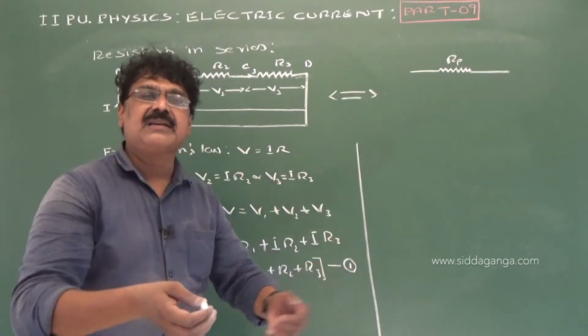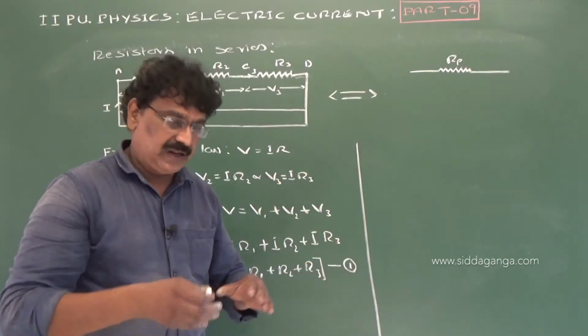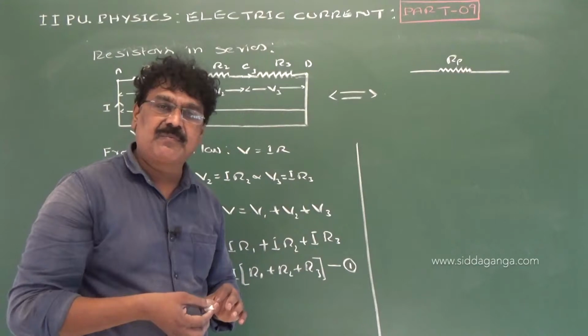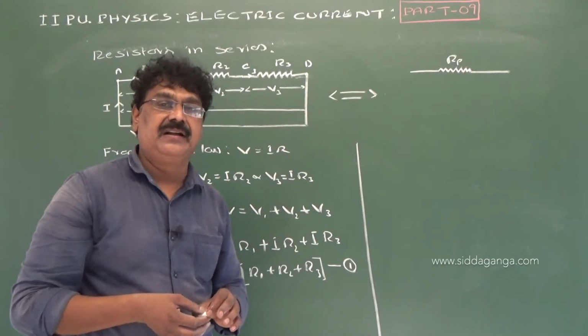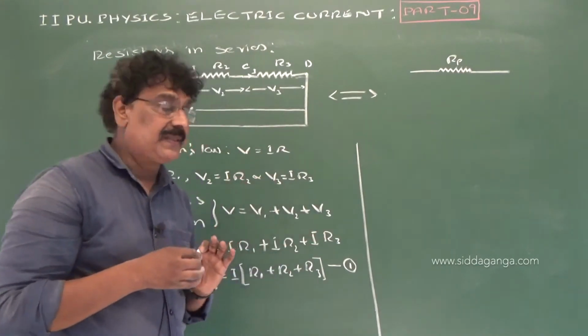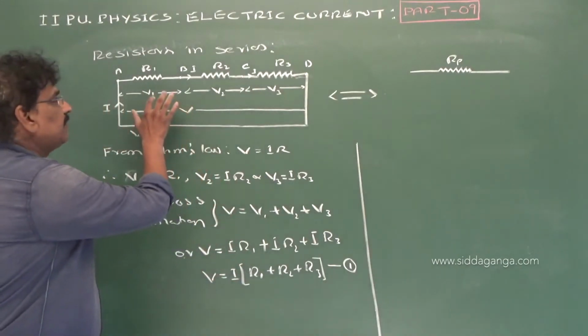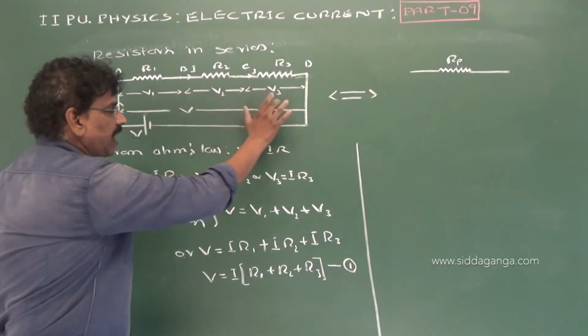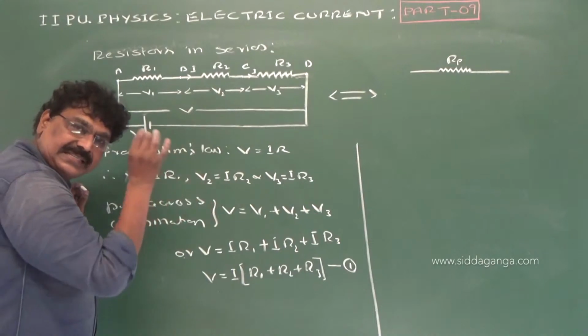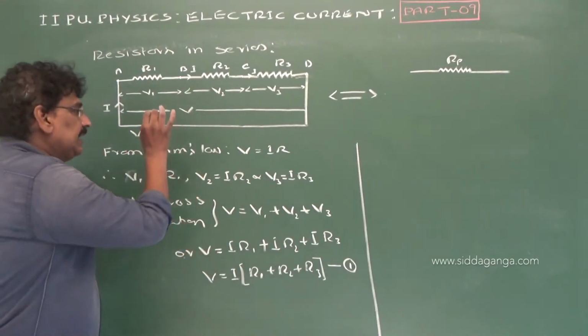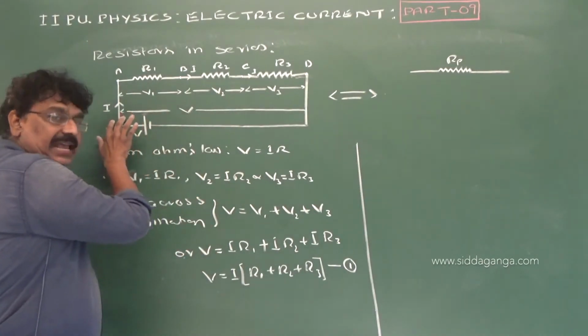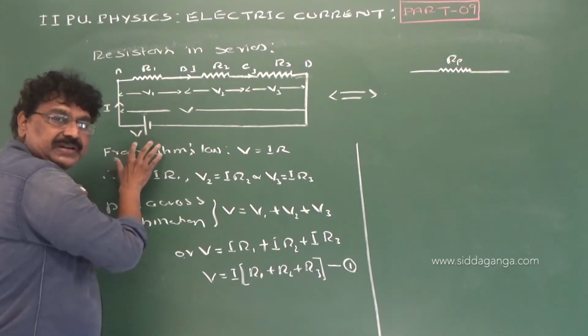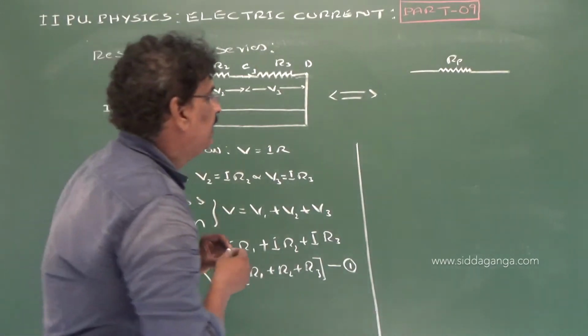A resistor is nothing but a conductor. One of the conditions for obtaining current is that there should be a conducting path. This combination of resistors R1, R2, R3 has an effect that it gives a current I when a potential difference V is applied.